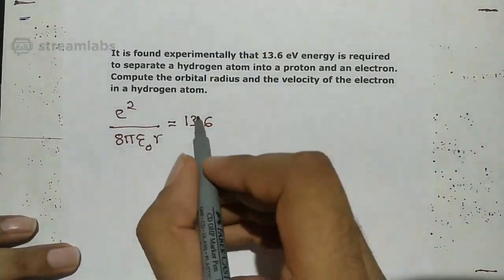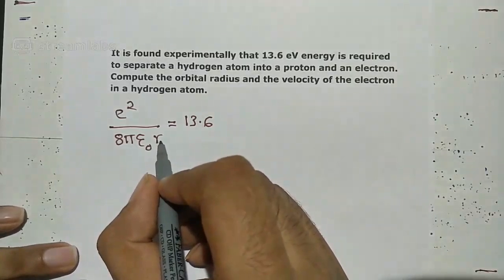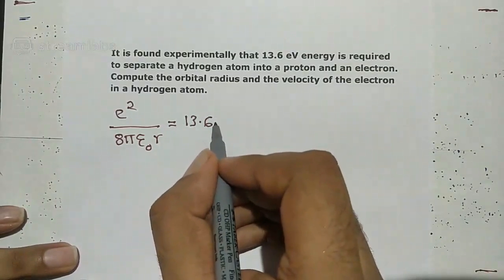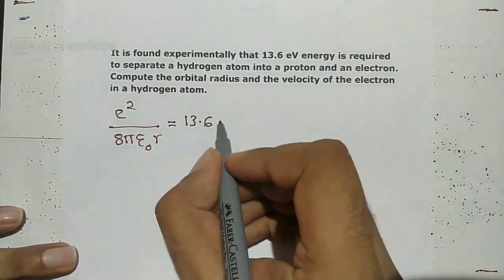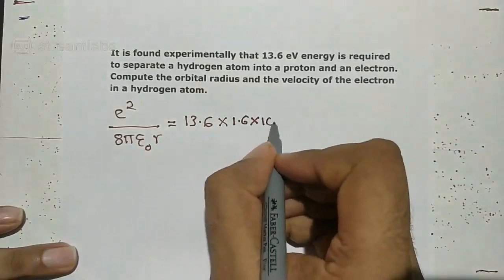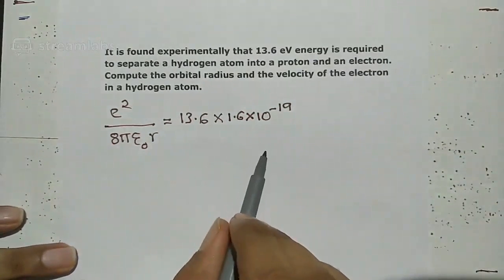This is in electron volt. We want the radius in terms of meter, so this energy expression also has to be in terms of joule. That means you multiply by 1.6 into 10 to the power minus 19. So you have successfully converted from electron volt to joules.